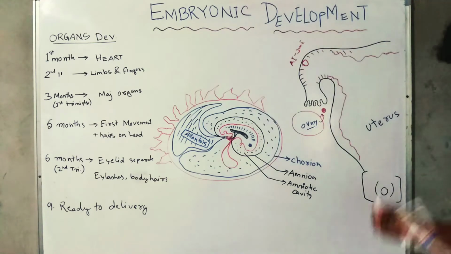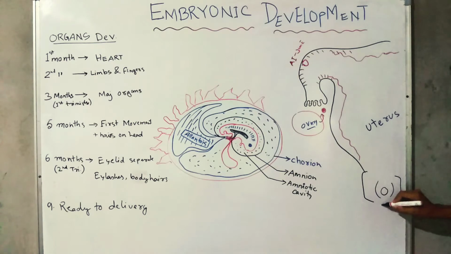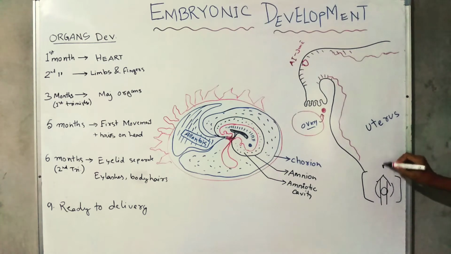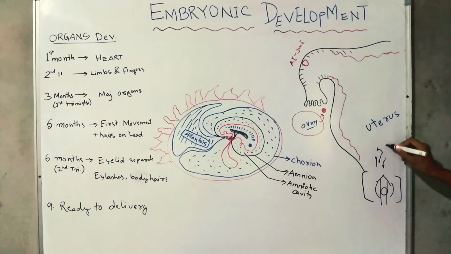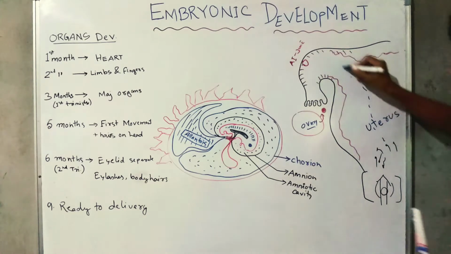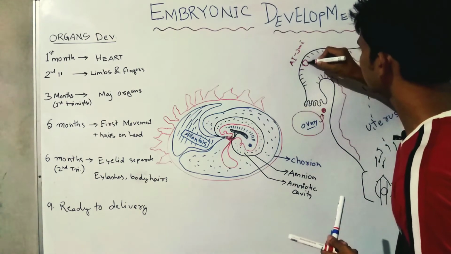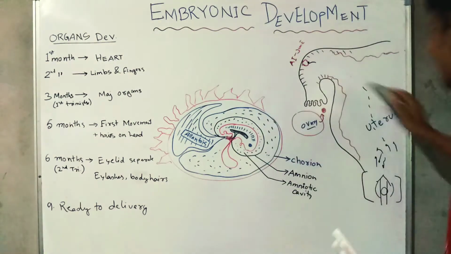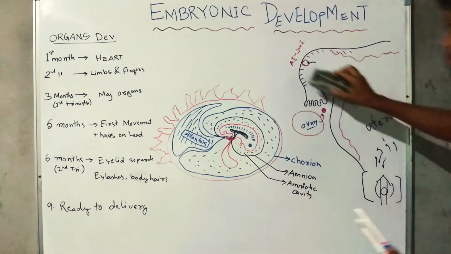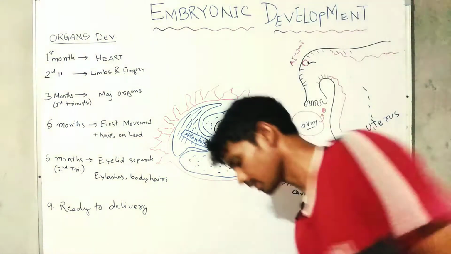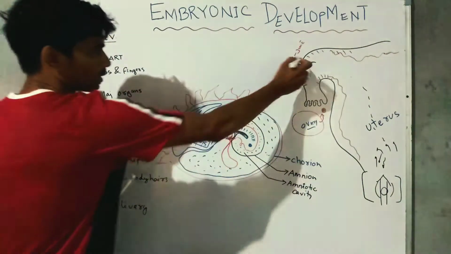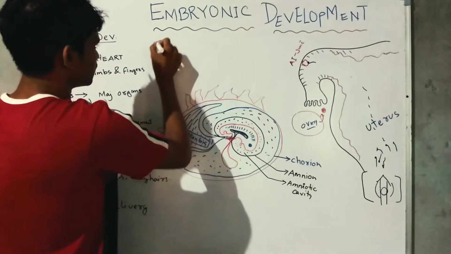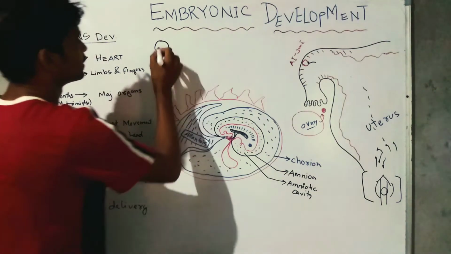Here the ovum will stay and the sperm cells will be released. The sperm cells will travel up to here and the egg will be fertilized. After fertilization this will be a single cell.